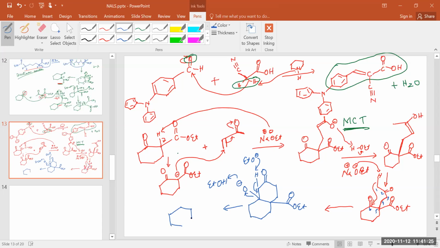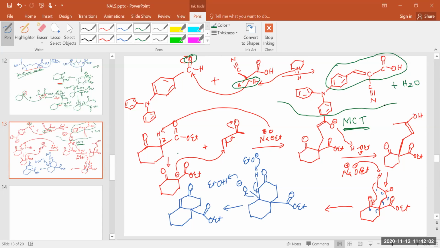The product will be like this. Okay, these are many steps, but the repetition of the steps is slightly different, and it gives different products. Okay, so remember here, these are the different ones. Okay, so they make the cyclic structure.